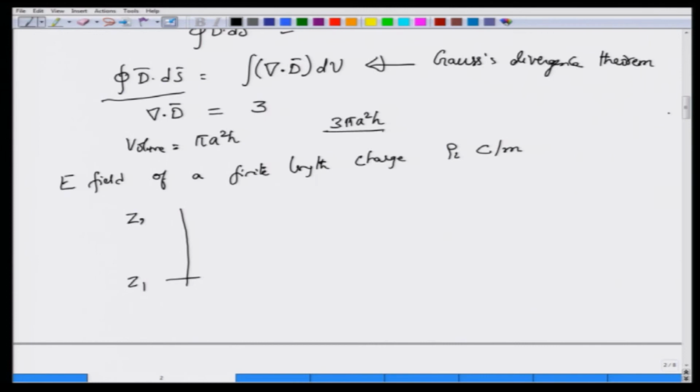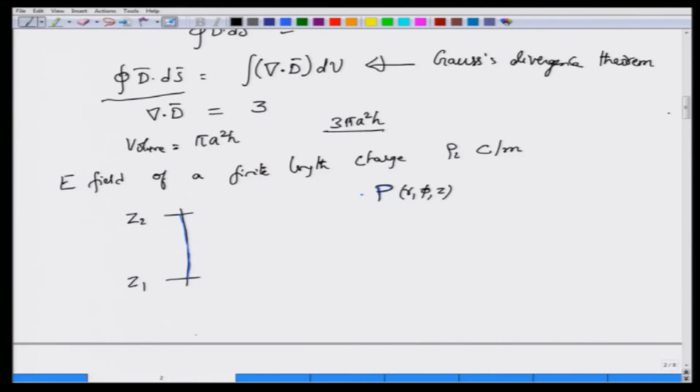This is the length of the charge. Over this, the line charge has a uniform charge density of rho L coulomb per meter, and I want to find the field at a point P away from this charge, which is defined by r, phi and z. How do I do that?